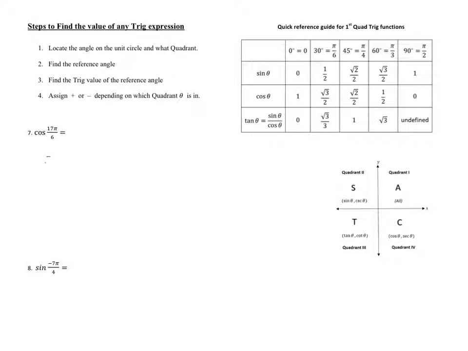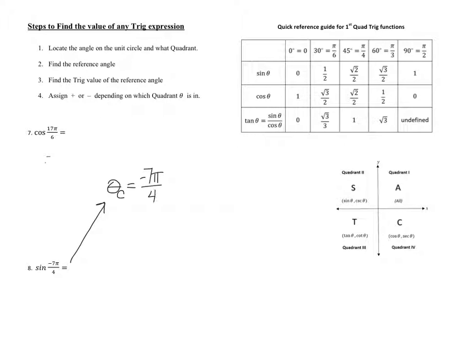Okay, now let's look at sine of negative 7 pi over 4. I'm going to go up here so we have a little more space to work. So we have a negative angle, so we need to find a coterminal angle, because remember, we need to deal with a positive angle that's between 0 and 2 pi. So we want to find our coterminal theta. Especially since it's a negative, you have to add rotations.